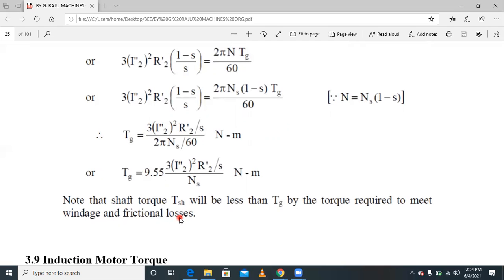So subtracting the torque due to the windage and frictional losses from the gross torque, we get the shaft torque TSH. Understand?